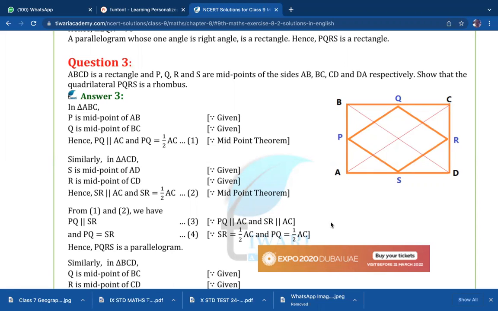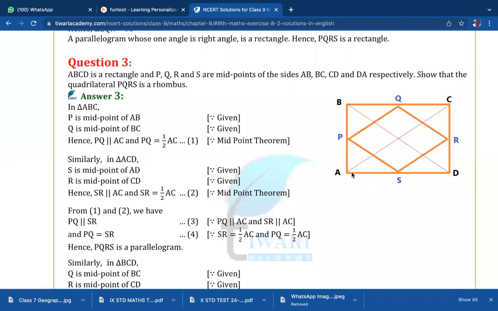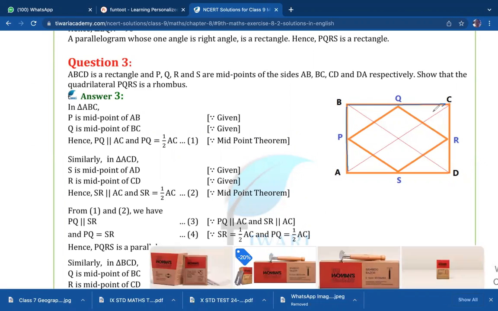Let me take the first triangle as triangle ABC. P and Q are the midpoints. So PQ is parallel to AC and PQ is half of AC. This you can take as point 1.